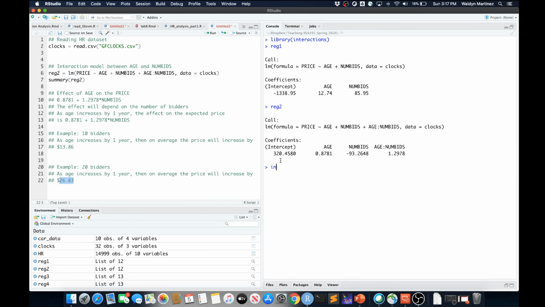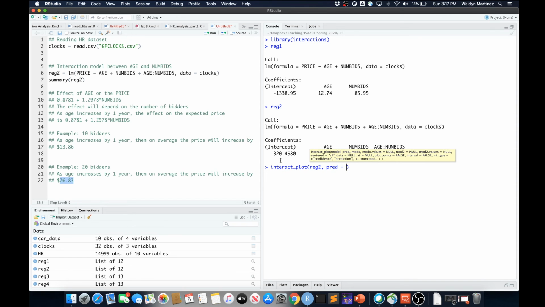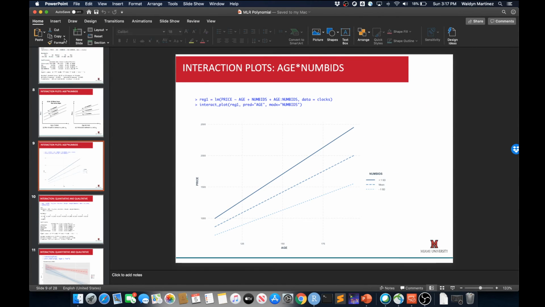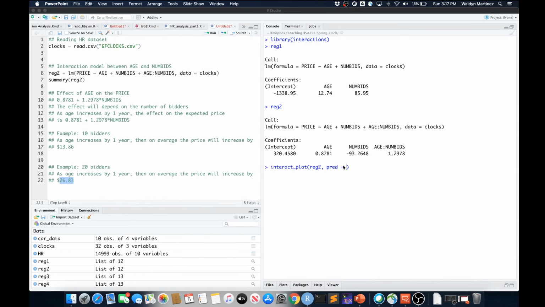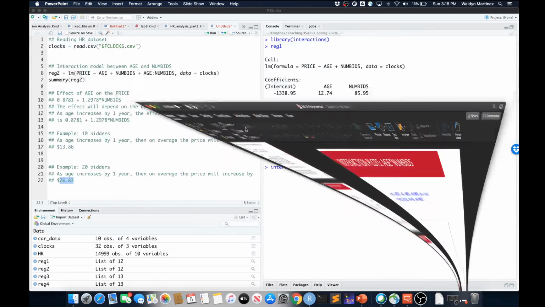And then I'm going to call interact_plot on regression 2, and I'm going to use the predictor that I want to see on the x-axis. That predictor actually is the age. Let's suppose that we want to select the age, and I just have to put it in quotes, and then the modx, which stands for what predictor you want to have in that interaction, and then you can put the other predictor in there.